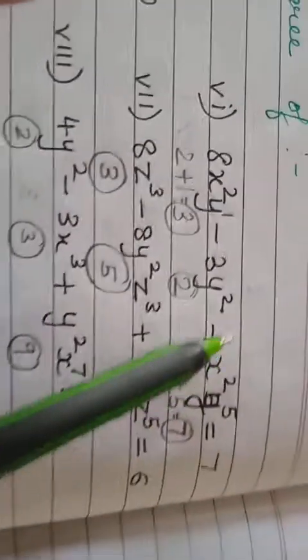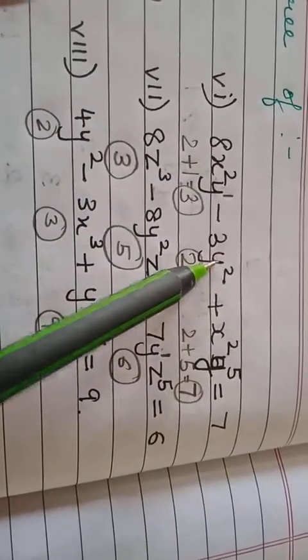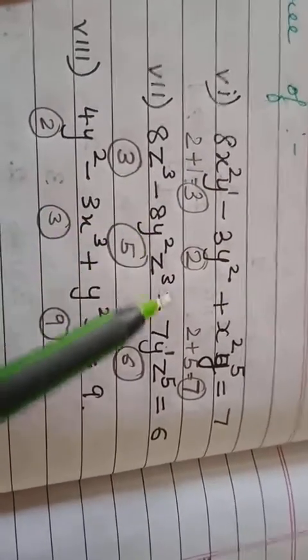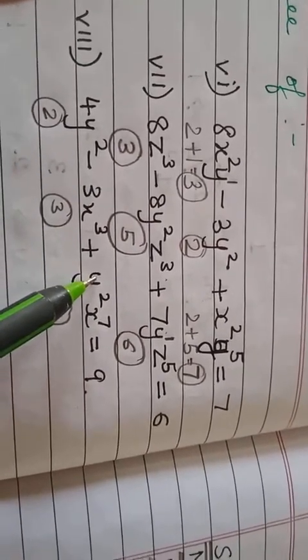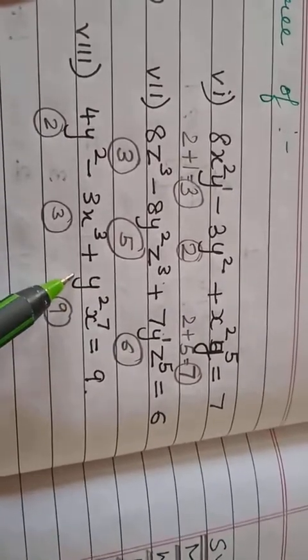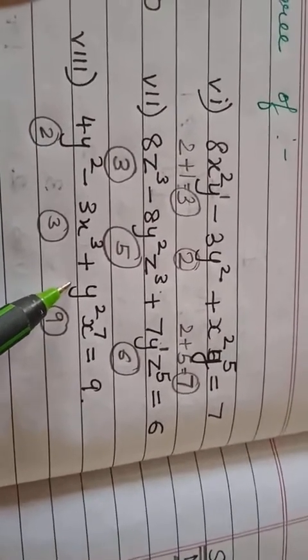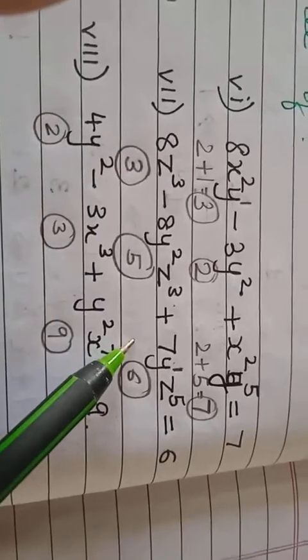Okay, here you can see there is more than one variable, x and y. Here y and z, here x and y. What does it mean? That here the algebraic expressions include more than one variable. So these are algebraic expressions with one variable. These are algebraic expressions with two variables, right?